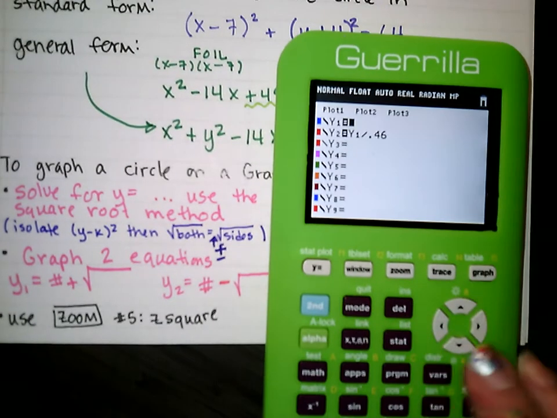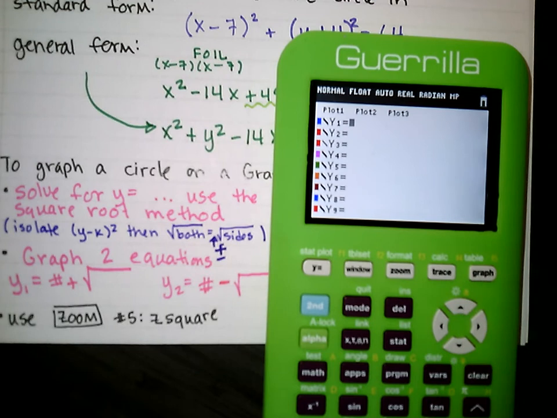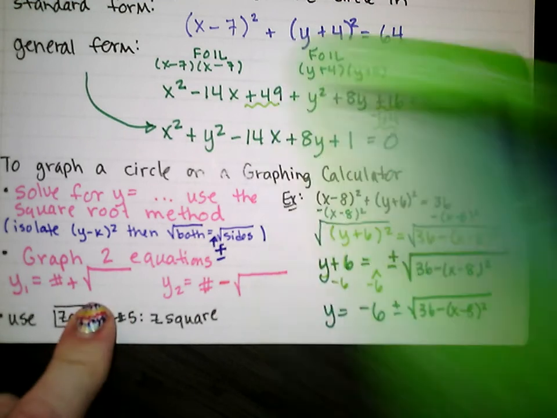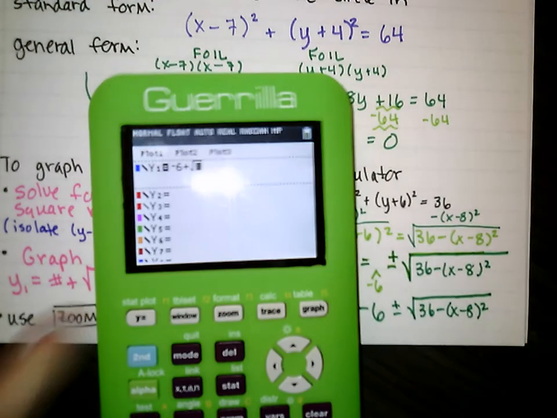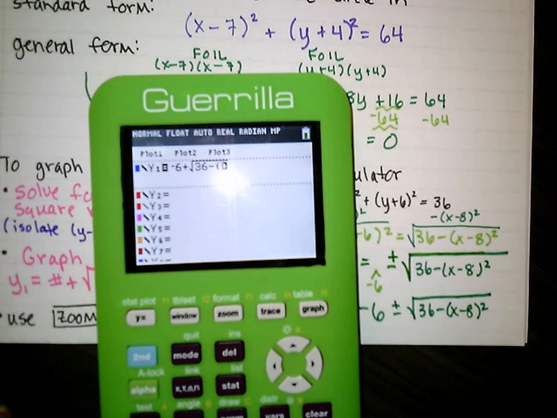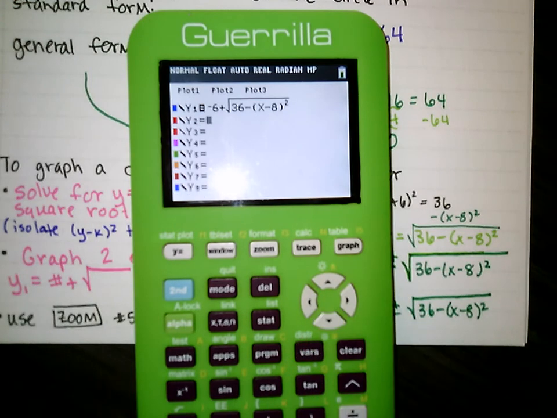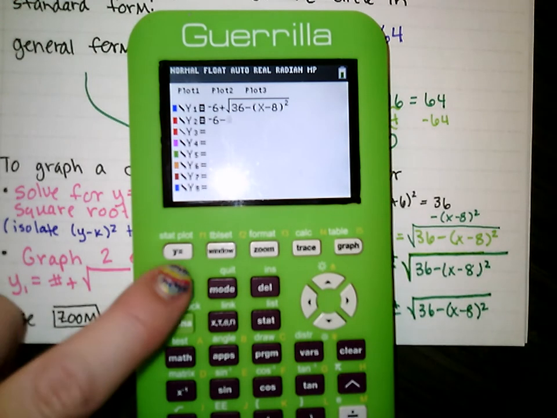I'll show you what it'll look like if we do that. So we've got negative 6 plus the square root of 36 minus parenthesis x minus 8 squared. And then we're going to do negative 6 subtract that square root.